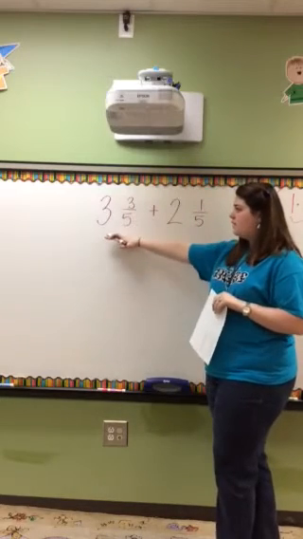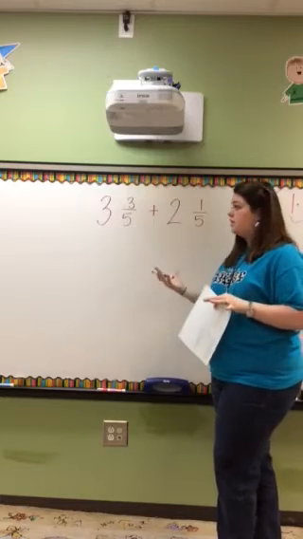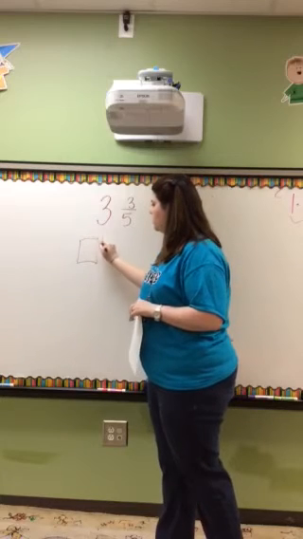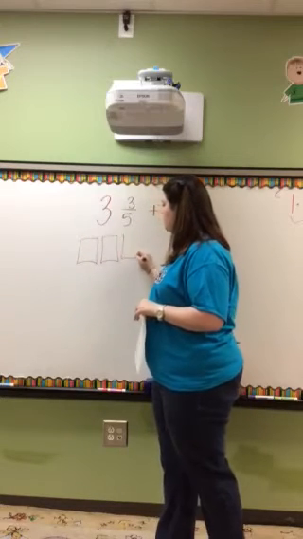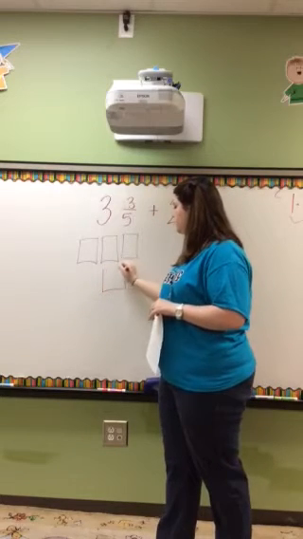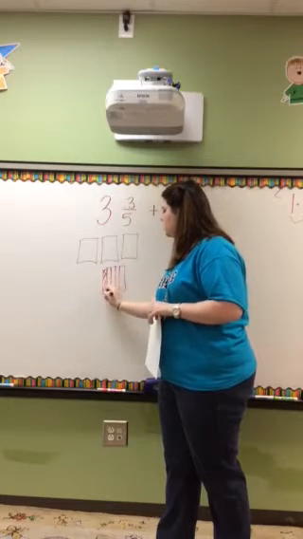Okay? I have 2 different fractions, and I could first try drawing a picture. So I need to draw 3 wholes, 1, 2, 3, and then my fraction, 3/5. I'll split this into 5 equal parts and shade in 3 of them.